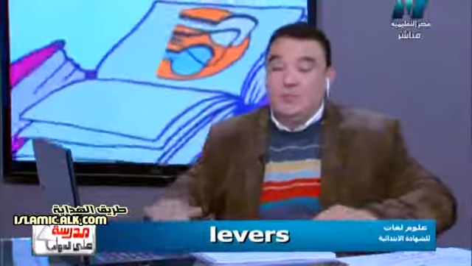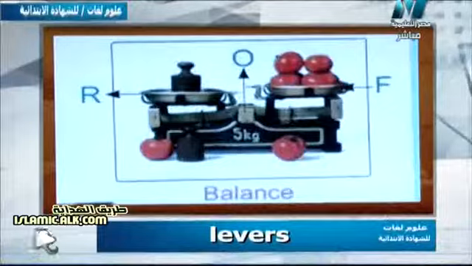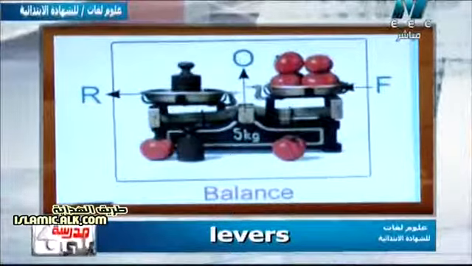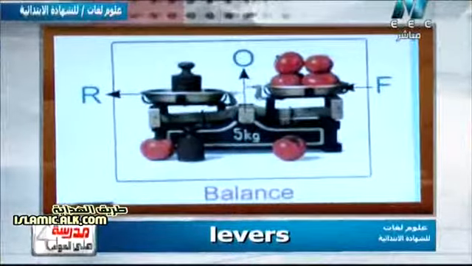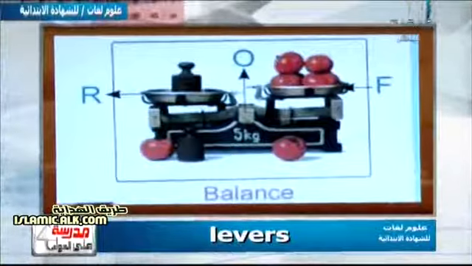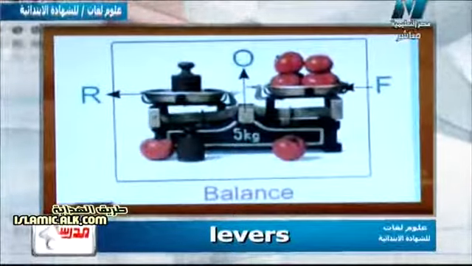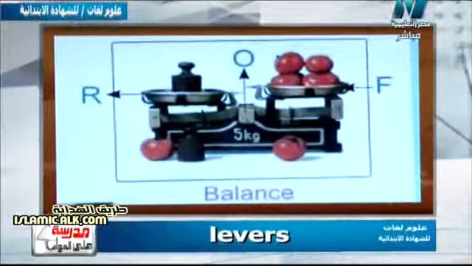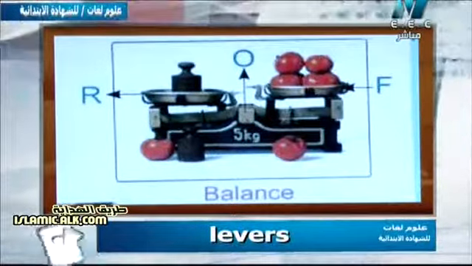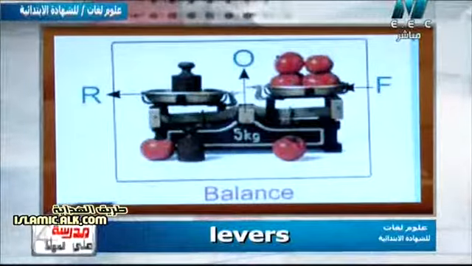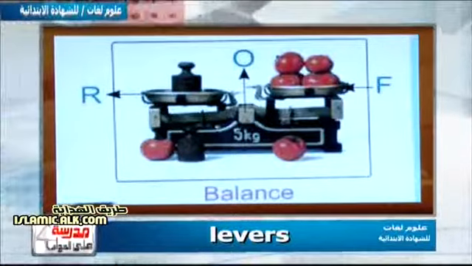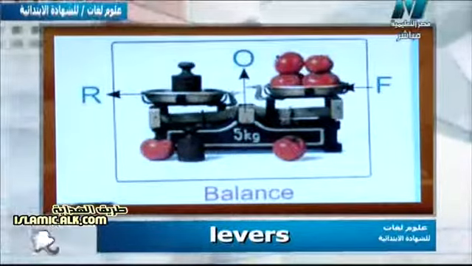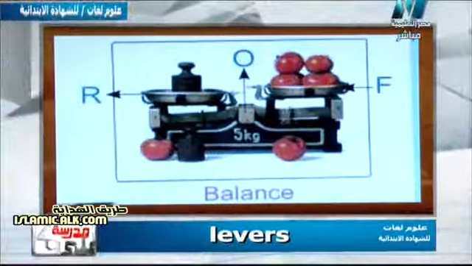So the balance, the scale, is a little bit difficult, a slightly strange type, because here I have the fulcrum in the middle. Here I consider the effort force to be the place of the thing I want to weigh, like the tomatoes for example. And here the resistance is the known mass that I will put on the other side.